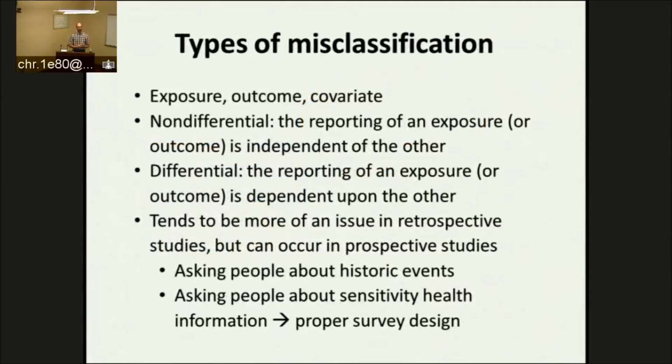There's a whole bunch of types of misclassification, but for what we're going to talk about today, I want to focus on exposure misclassification. In traditional epidemiology, you have some exposure that you try to correlate to some outcome. So if we mismeasure the exposure, like on the previous slide, asking someone about if they smoke or not, that's an example of exposure misclassification. On the other hand, you can also have outcome misclassification.